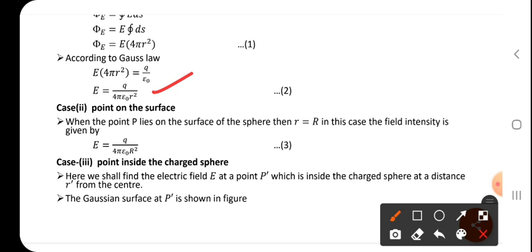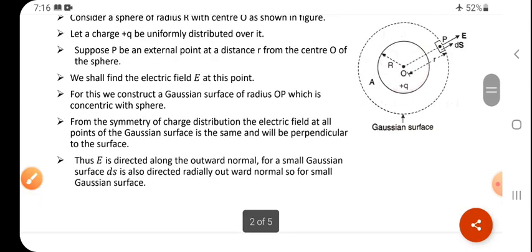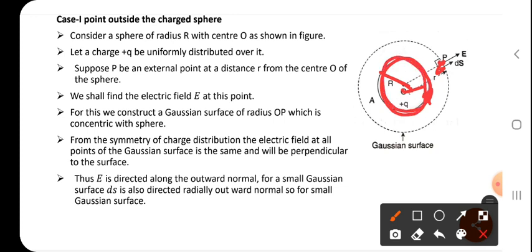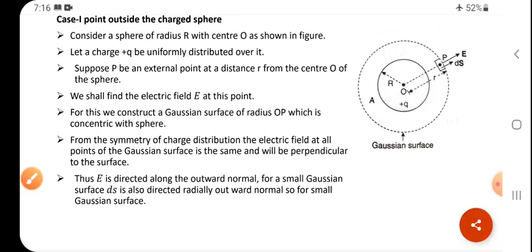Second case, point on the surface. So on the surface means come this side. Instead of keeping the point here, if we keep it exactly on the surface, then small r and capital R are both the same. Why? Because you may draw the Gaussian surface exactly on the surface of the sphere only.